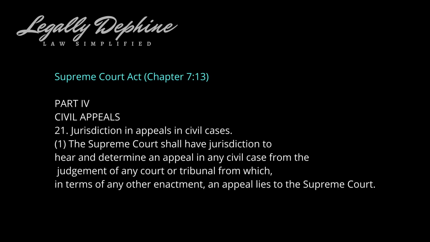The Supreme Court is the final court of appeal, and it has no original jurisdiction, thus it cannot be a court of first instance. Its jurisdiction and procedure is elaborated in Part 4 of the Supreme Court Act.